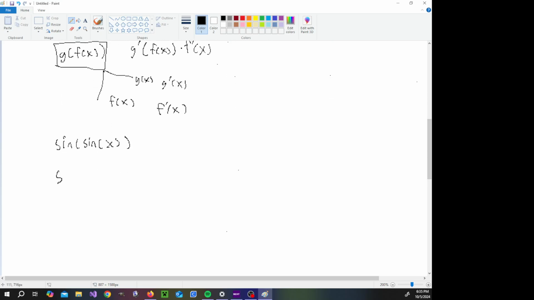The outside function is sine of x. The inside function is sine of x. The derivative of sine is cosine. Well, the derivative of sine is still cosine. So taking this, derivative of the outside is cosine. Leave the inside alone. Times the derivative of the inside. Oh, derivative of sine is cosine.